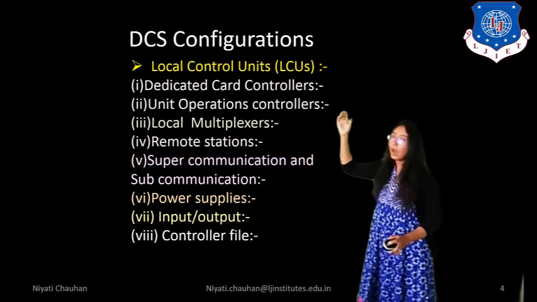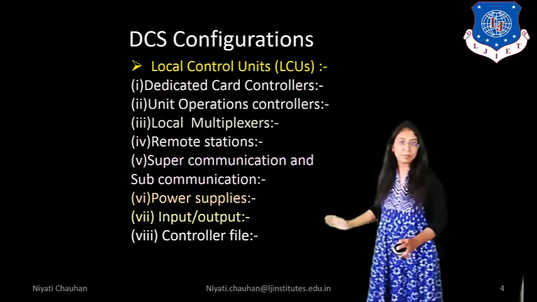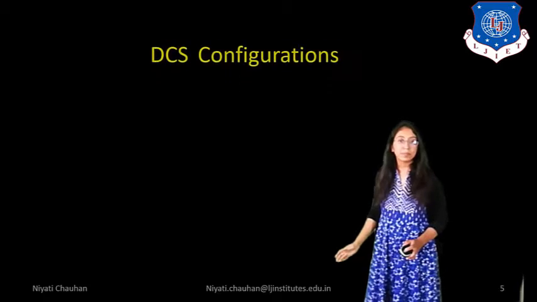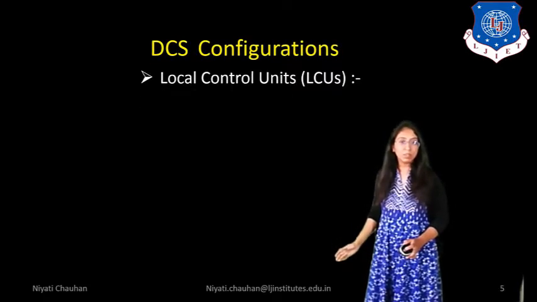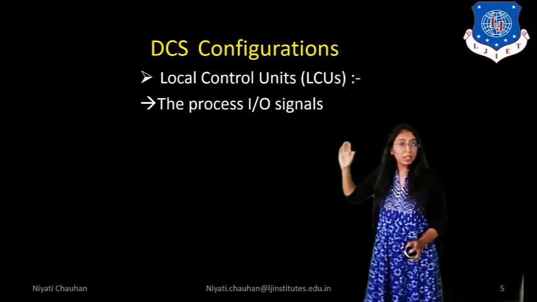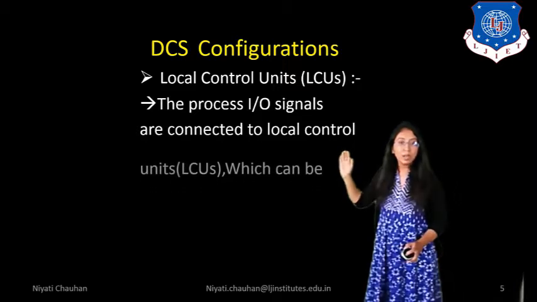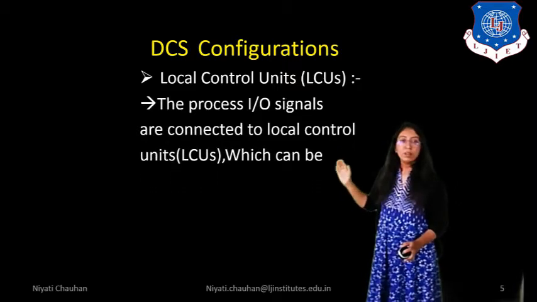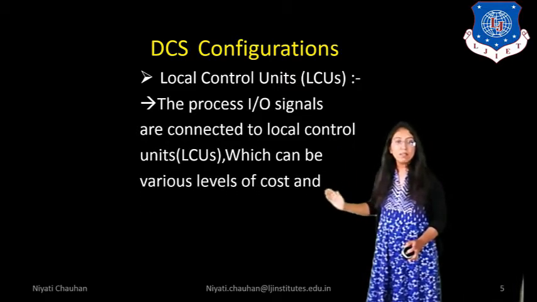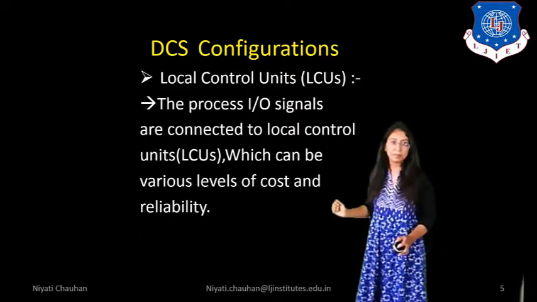These are the parts of local control units. In a local control unit, the process input output signals are connected to local control units, which can be at various levels of cost and reliability.